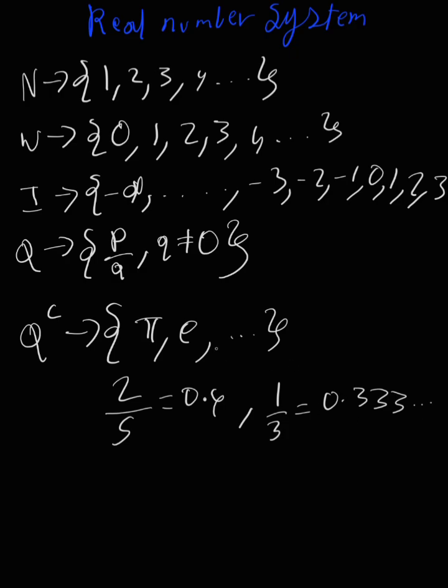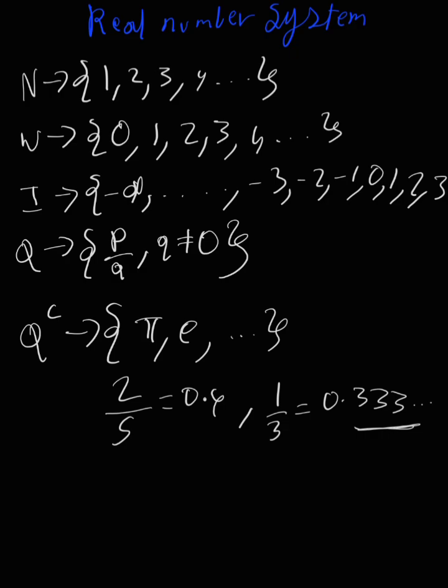Okay, but irrational numbers cannot be represented in the p by q or fractional format, as they are non-terminating, which means they do not terminate, and they are also non-repeating, which means that they do not have a fixed pattern. Here you can see there is a pattern of 3333 after every number, but they don't have something like that.